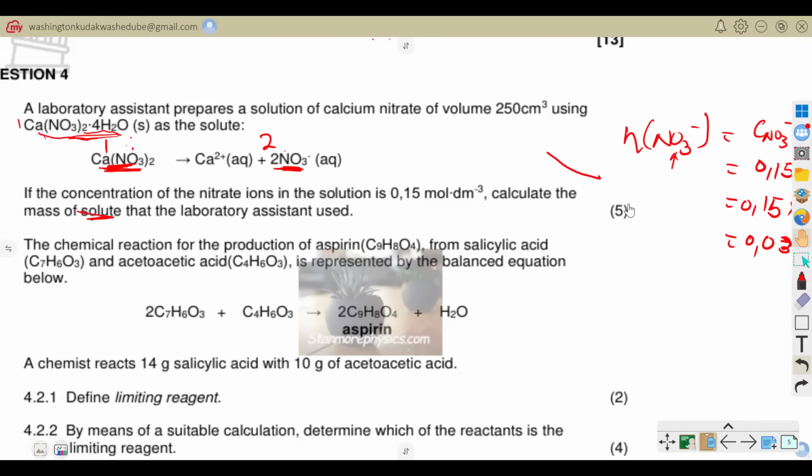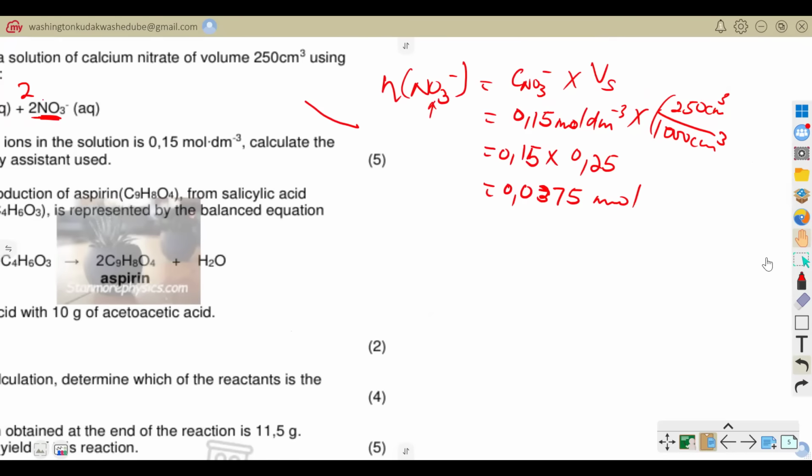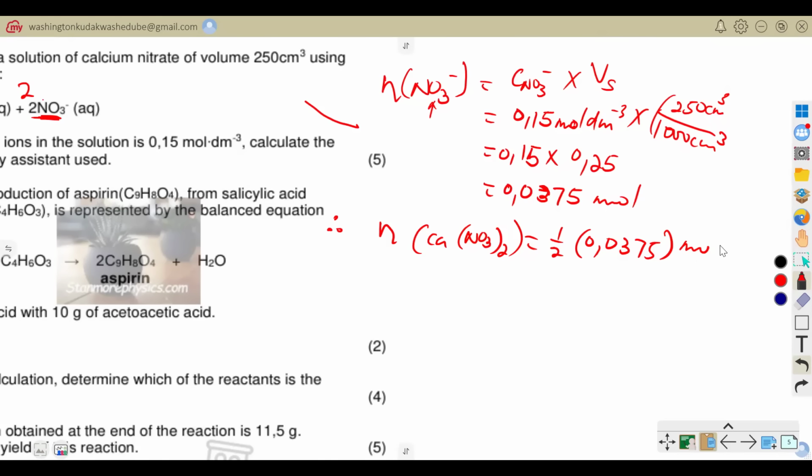Therefore, the number of moles of calcium nitrate is going to be equal to 1/2 times 0.0375 moles. And the answer after dividing by 2 will be 0.01875.